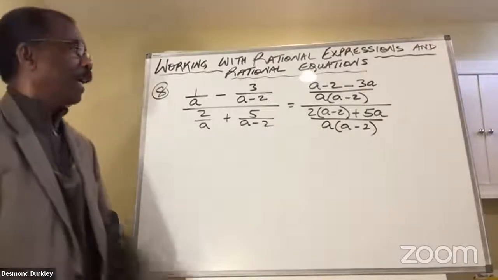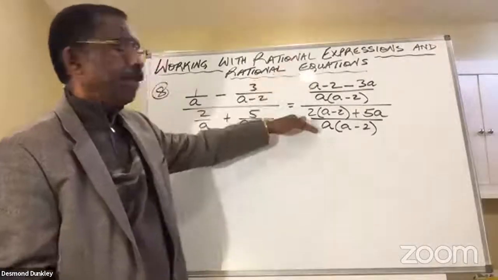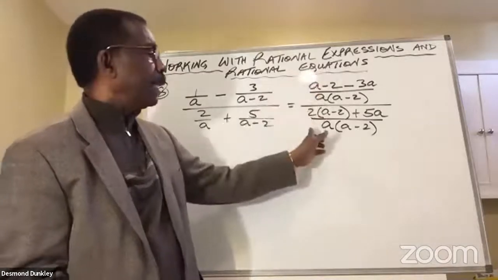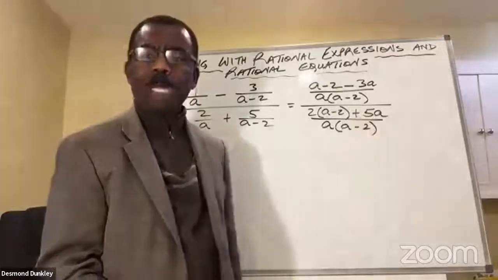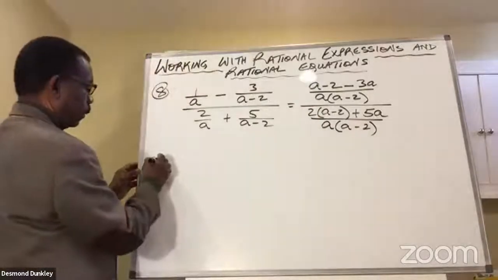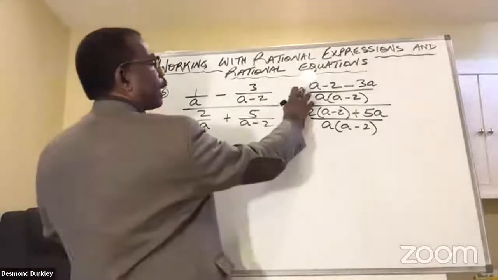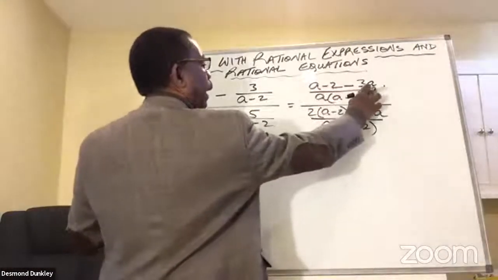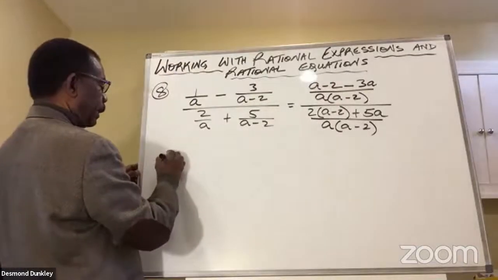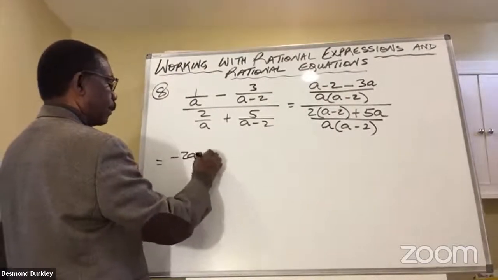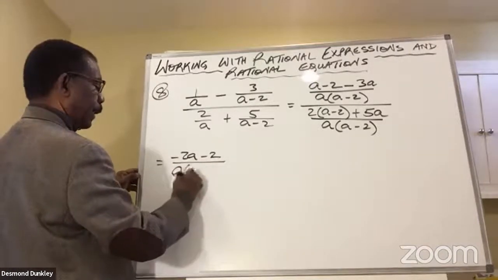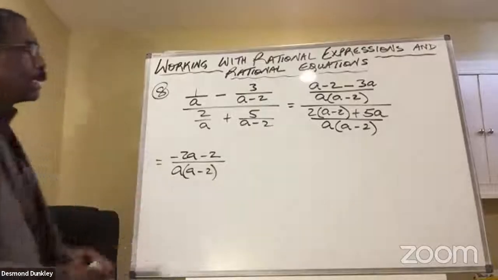So now we have a fraction divided by a fraction. I'm going to flip and multiply, and in the process, simplify that numerator and that numerator. So this becomes a minus 3a minus 2. So a minus 3a is negative 2a minus 2 over a times a minus 2. So that's the top.